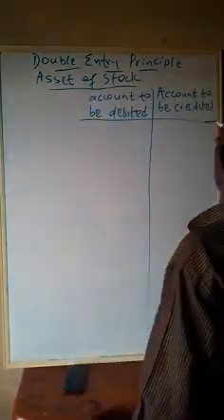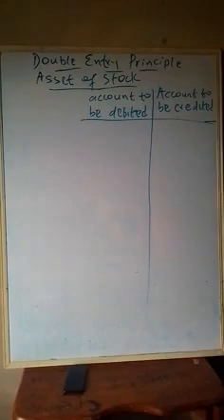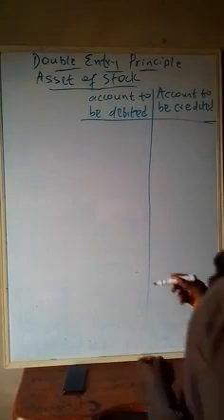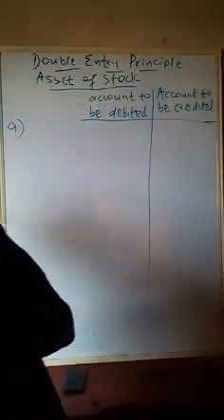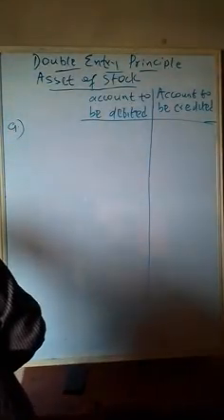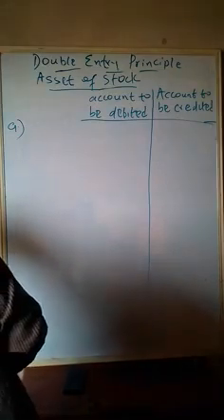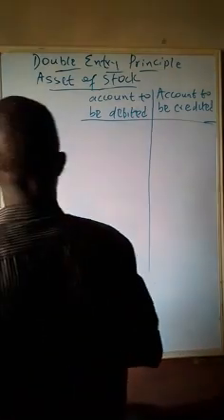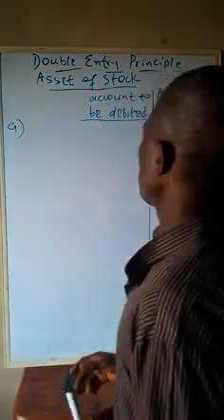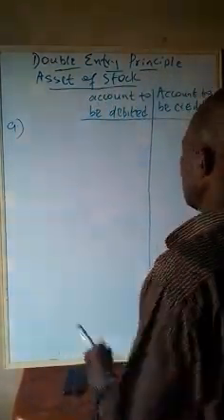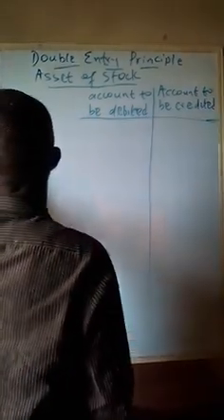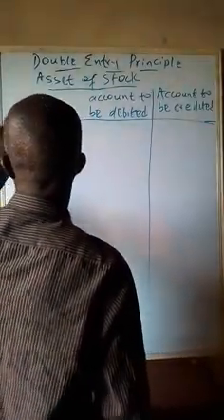I present it in a columnar form. Account to be debited and account to be credited. And look at A, question A says, goods bought on credit from R. Bello. So write up the following transactions according to how the accounts will be debited and credited. Then for A, which account is to be credited and which account is to be debited.